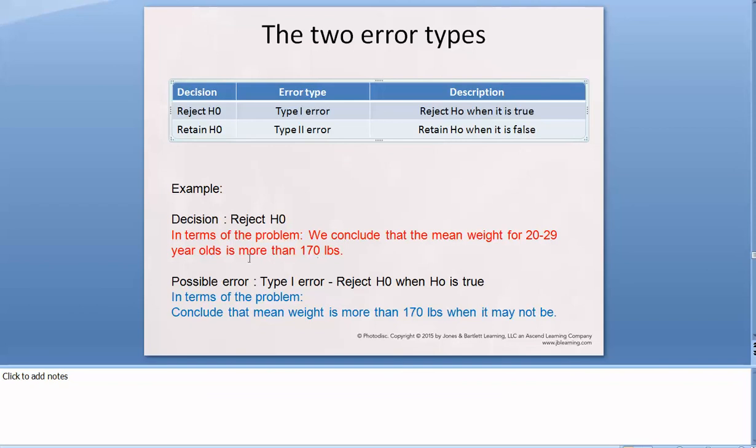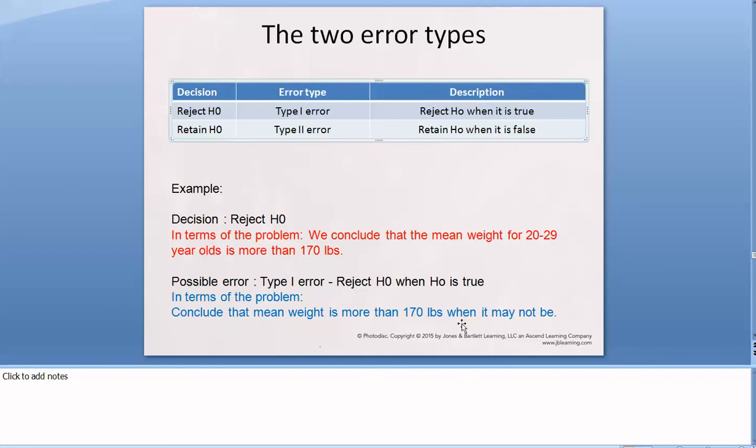Now look, in our problem we rejected H null. Are we 100% sure? No. We concluded that the mean weight of 20 to 29-year-olds is more than 170. But there is this type 1 error involved here. We are not 100% sure. There's a small chance that we may have made a mistake. We have accepted that the mean body weight of men this year is more than 170 when actually it is not.